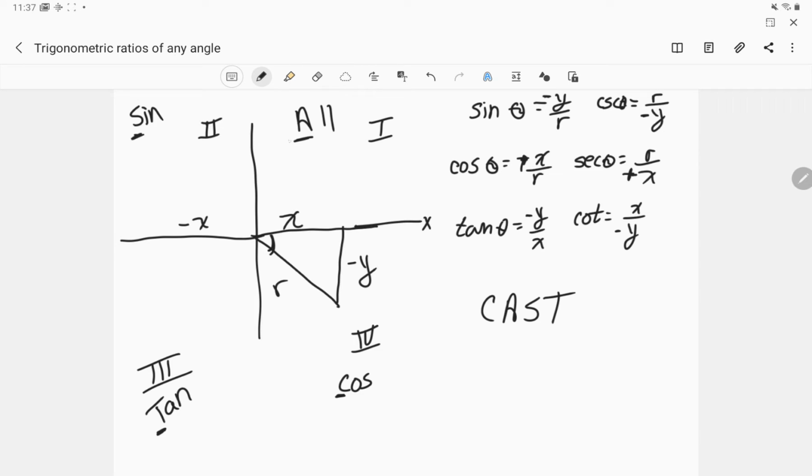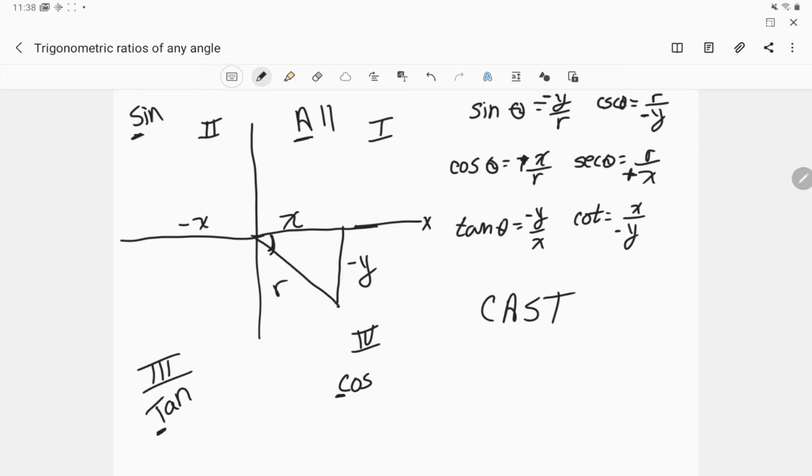Some teachers have an acronym like ASTC, and they have a little sentence to go along with it or something. I just remember the CAST rule. You can remember it however you want. So quadrant 4, cos and its reciprocal are the things that work out to be positive. All things in quadrant 1 are positive.